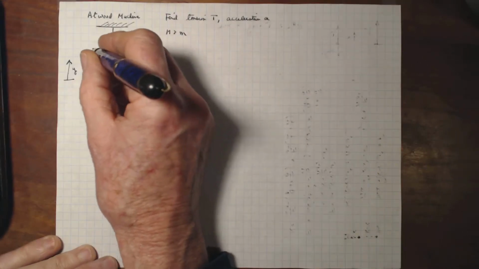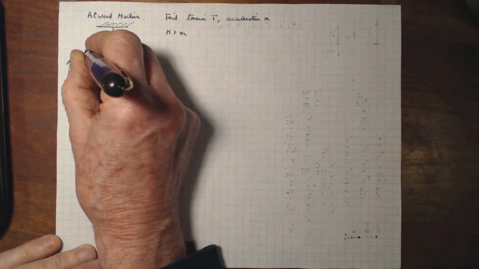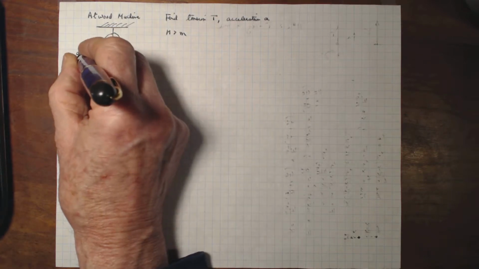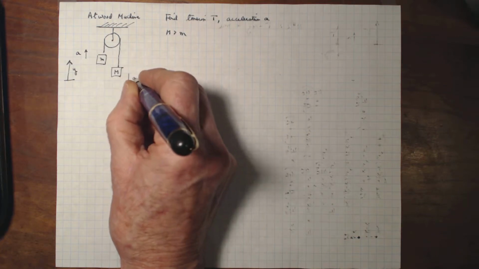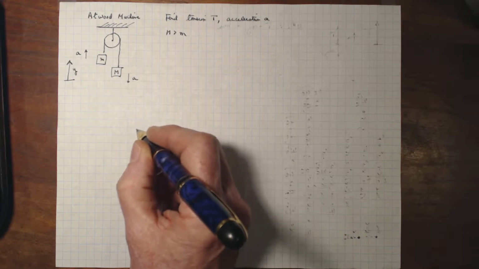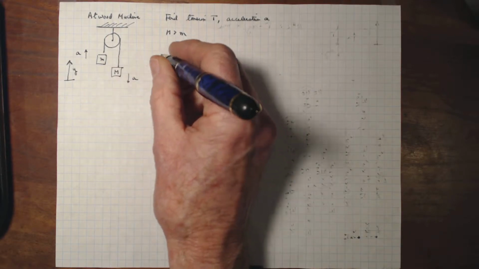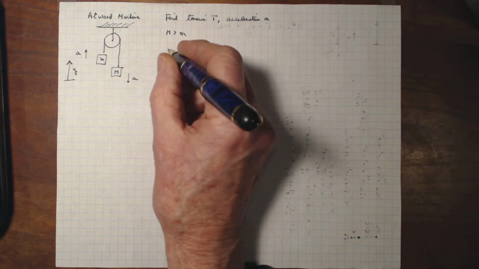And we know that if big M is bigger than little m, that little m will be accelerating upwards like this, and big M will be accelerating downwards like that. So let's do a force diagram for each one of these two masses.